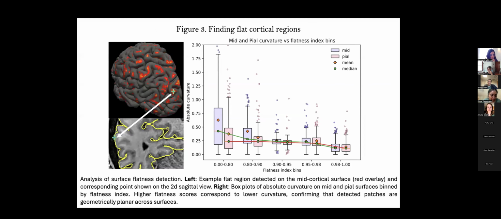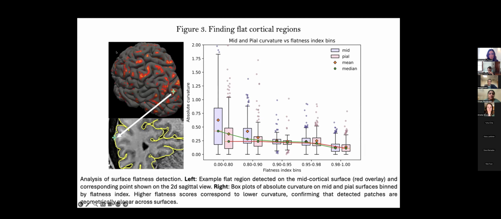So the application that we really focused on was getting some really small intracortical veins. You will see we are imaging at the scale of 220 micron in-plane resolution. But before that, in order to figure out where to put the slice, we really need a flat region of the cortex.